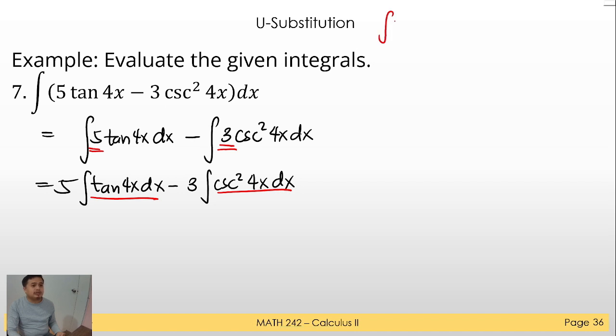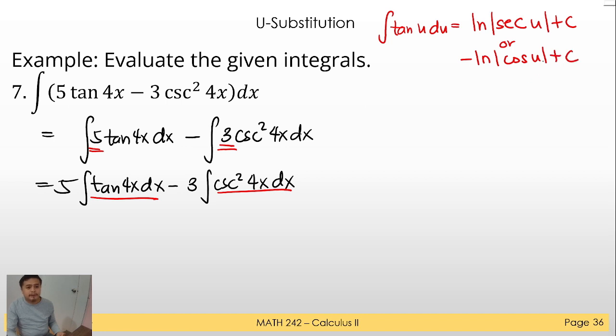So the integral of tangent u du is equal to natural log of secant u plus c, or actually there are two solutions to this. You can also have negative natural log of cosine u plus c. More on that later if you ask me during class, why is this equivalent.